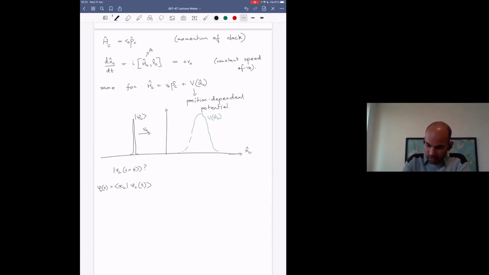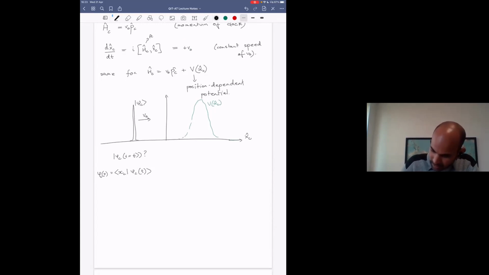Now I'm not going to go through this calculation in detail, because I will give you a tutorial problem that makes you go through it. But it's very easy to see with this Hamiltonian that as long as it's not interacting with the potential, it's just going to move to the right without changing.